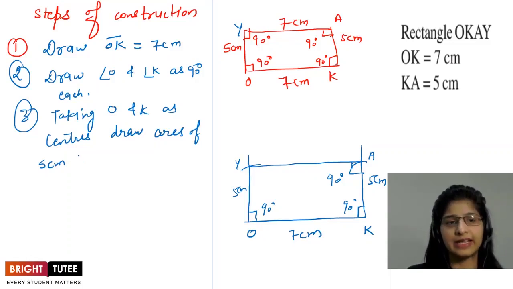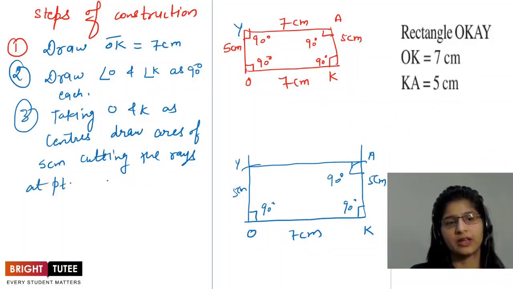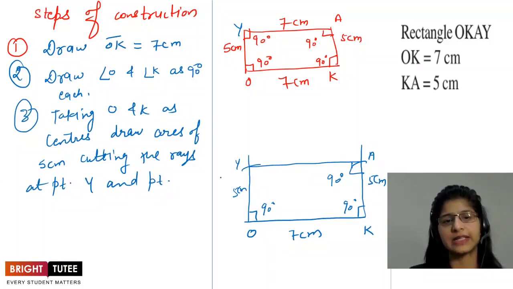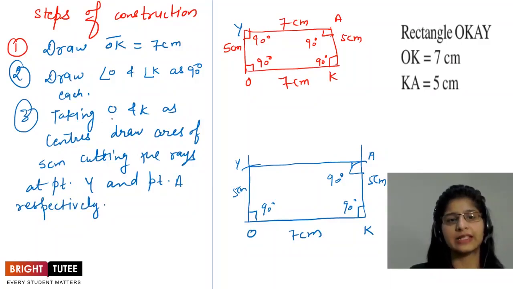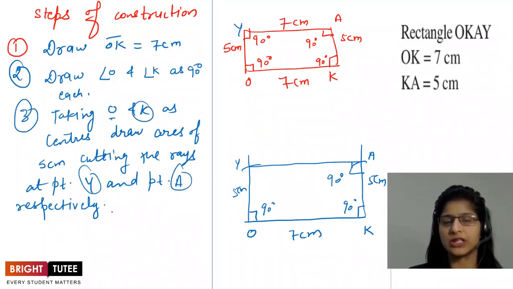So they will cut the rays. So for angle O, the ray is cutting at point Y, and this side it is A, respectively. This shows that when we write respectively, whichever angle is first, that ray is intersecting at Y, and another one K, its ray is intersecting at point A.